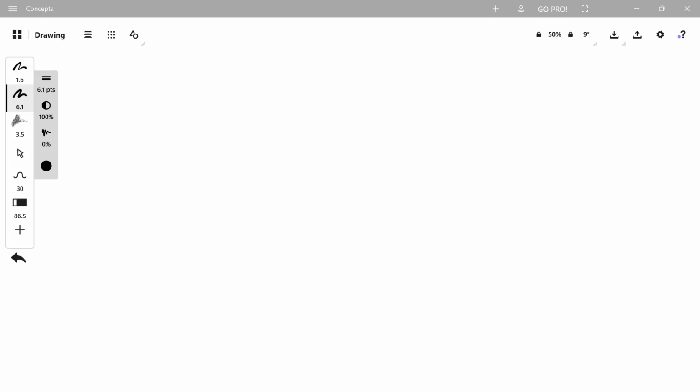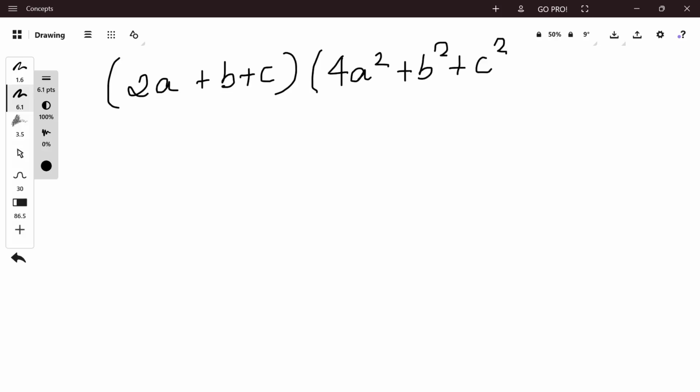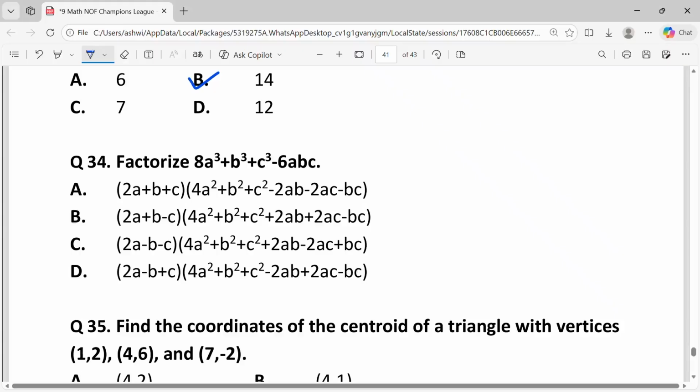Substituting these into the identity gives us 2a plus b plus c into 4a square plus b square plus c square minus 2ab minus 2ac minus bc. Comparing with the given options, the answer is A.